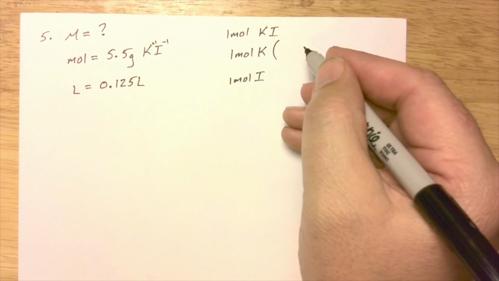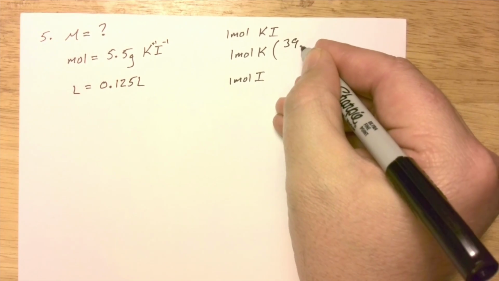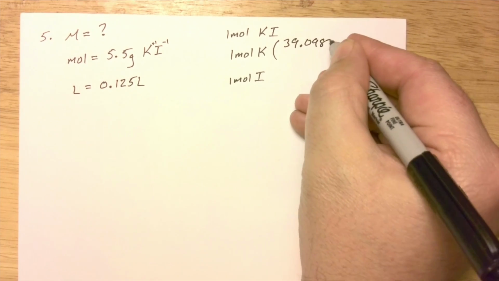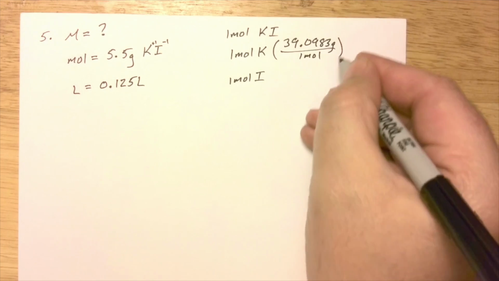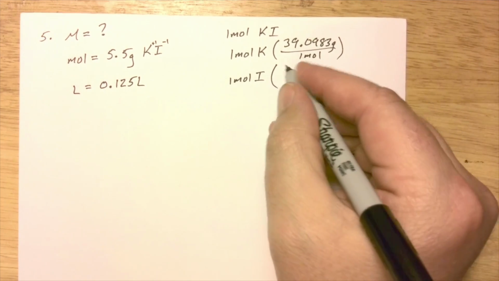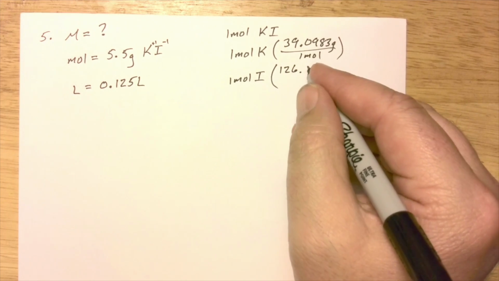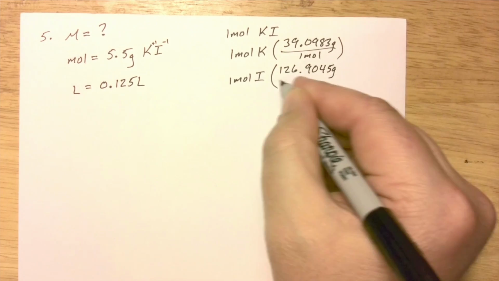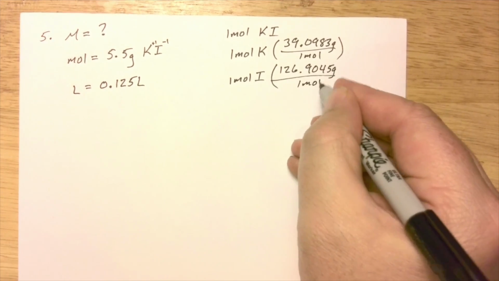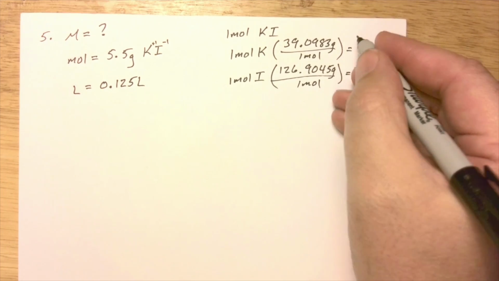And then using the periodic table, potassium is 39.0983 grams for every 1 mole. And iodine is 126.9045 grams for every 1 mole. May not have enough room here.